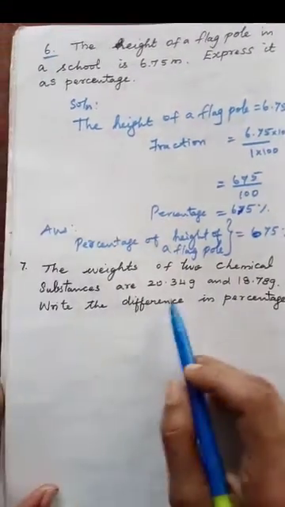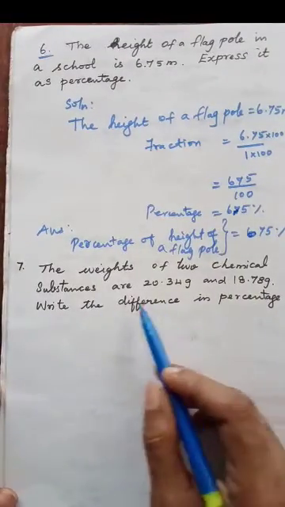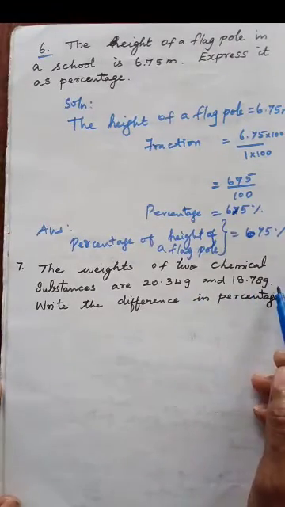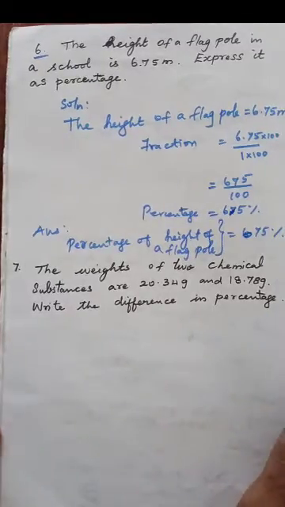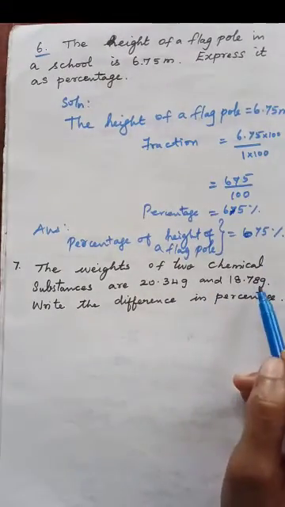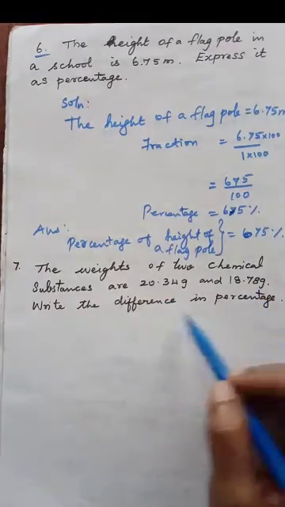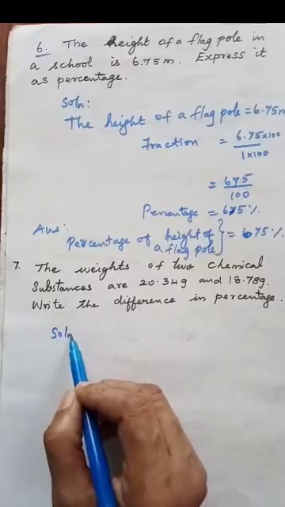Now we shall move to the 7th problem. The weights of two chemical substances are 20.34 gram and 18.78 gram. Write the difference in percentage. First you have to change both to percentage. After that only we can find the difference in percentage. Solution.